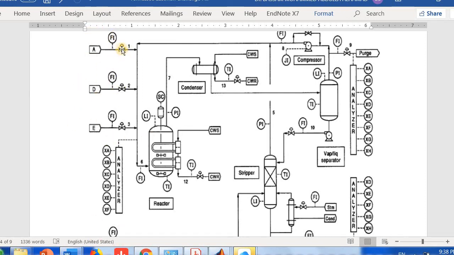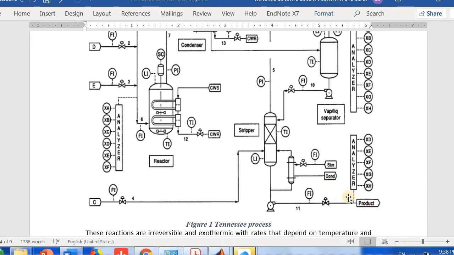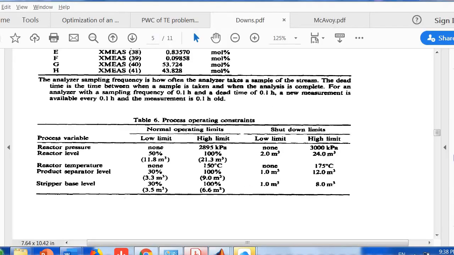After you control your inventories, the second thing is to go to the operating conditions of your system, which is the temperature here, the level of the separator, and the level here at your stripper. Number three is to go to your production rate. Take these stages as you go on, because they will help you to do better control.